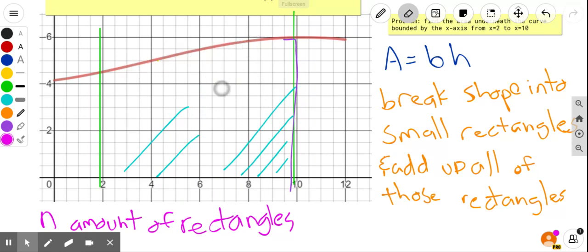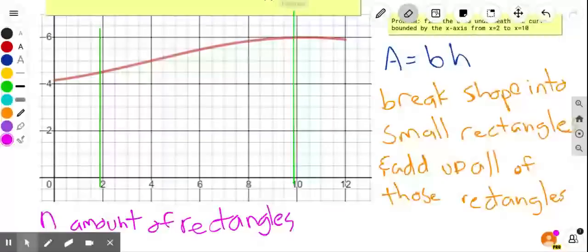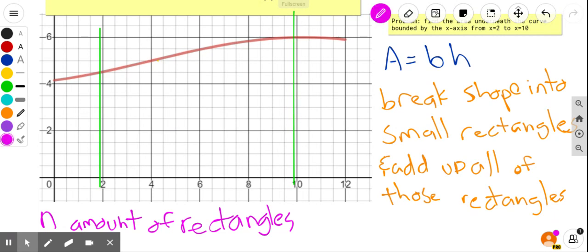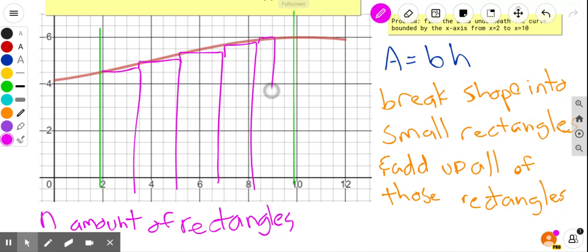And don't worry about the specifics right now. I just want you to get the idea of what I'm trying to go for here. So if I make it this, this, this, this, this, this, like from here to here, let's say this we're going to call delta x sub i.